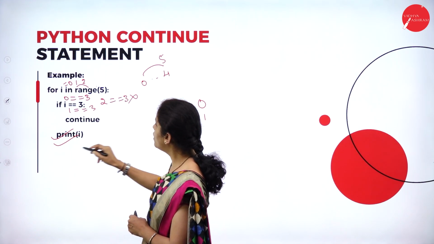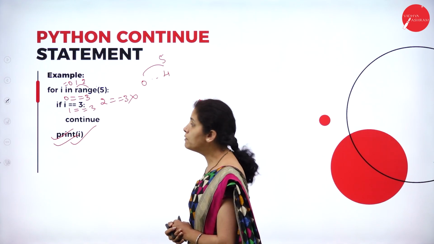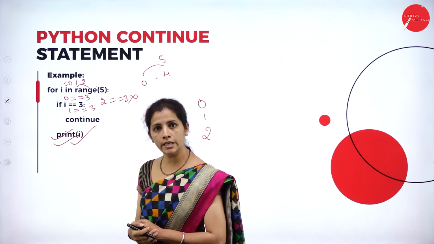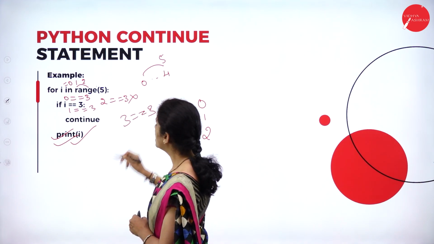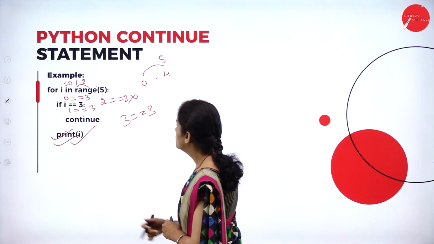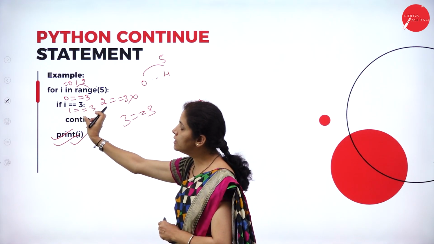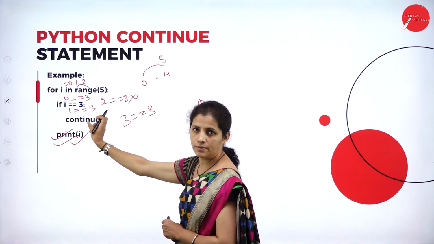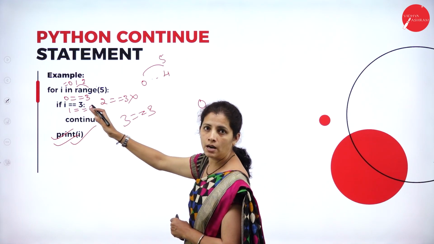The condition is false. So, I'm going to print 2. Now, range is going to return 3. 3 equal to 3. The condition is true. So, what do I want to do? I want to skip this particular iteration. So, I'm going to skip the number 3.